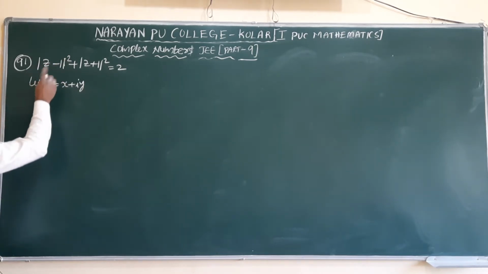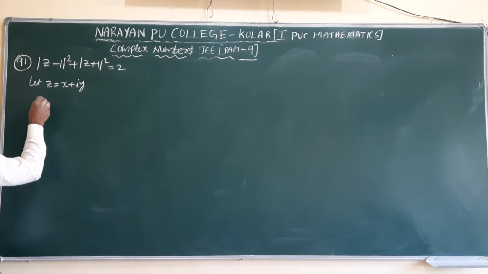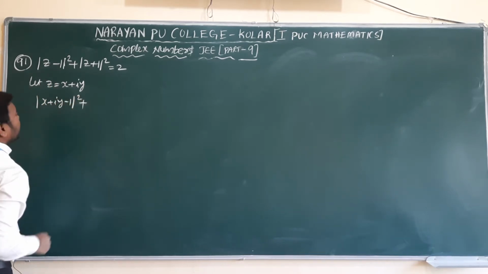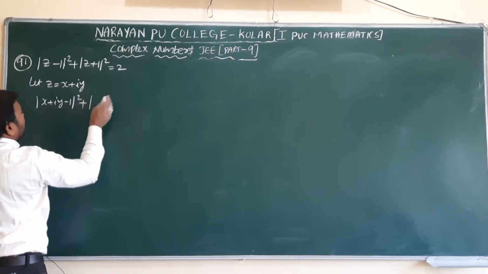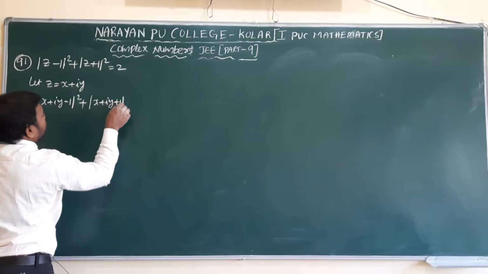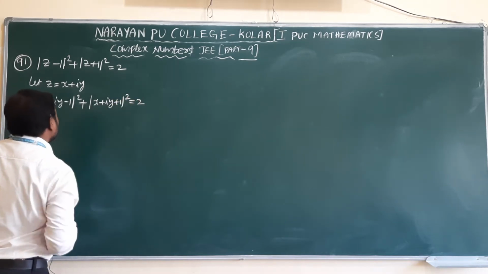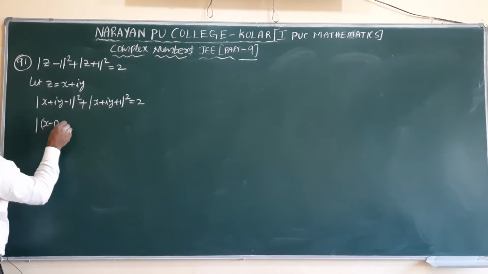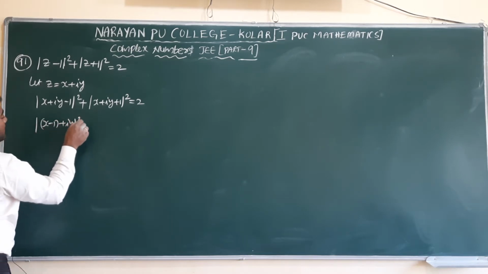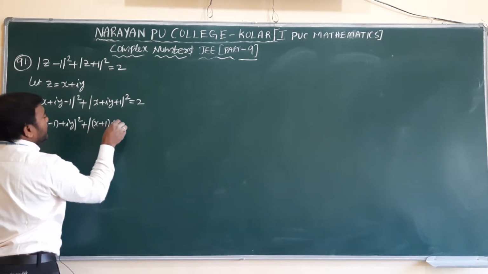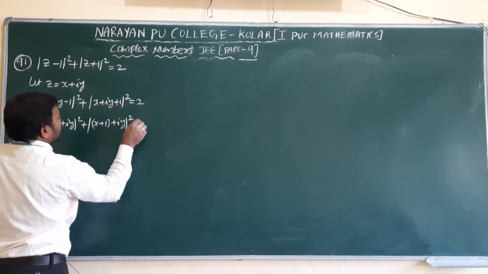Substituting the z value: modulus of x plus iy minus 1 whole square plus modulus of x plus iy plus 1 whole square is equal to 2. Here, modulus of x minus 1 plus iy whole square plus modulus of x plus 1 plus iy whole square is equal to 2.